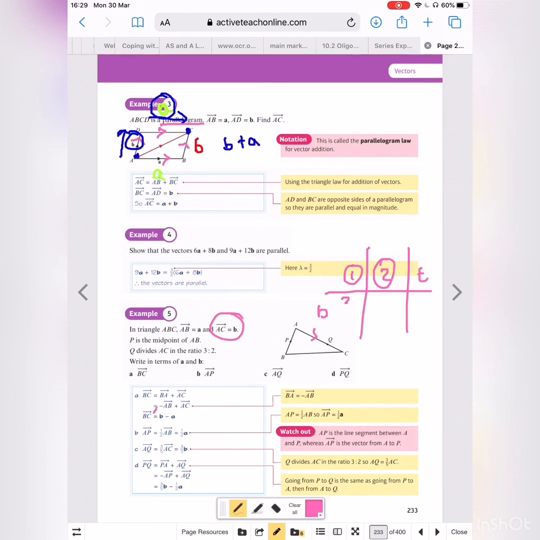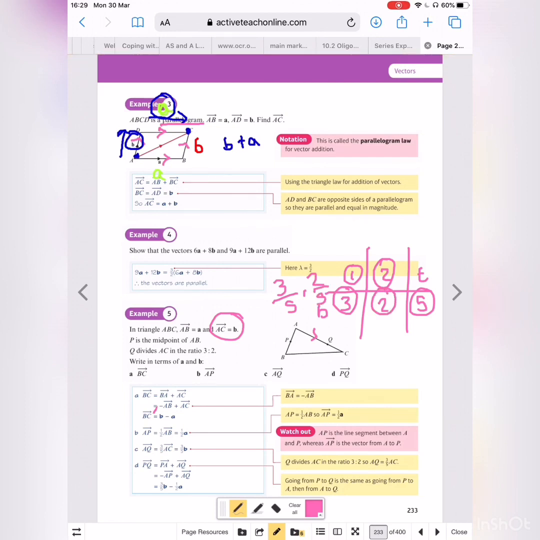So we do 3:2, so our total ratio parts is 5. That means section 1 has 3/5 because it's 3 out of 5, where section 2 is 2/5.